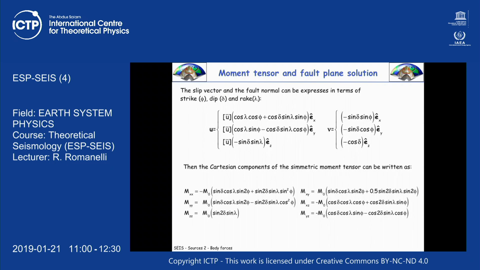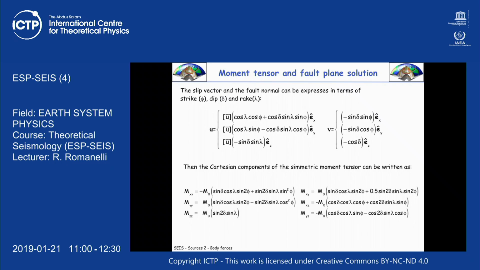Just algebra. M0 contains the amplitude of motion, the surface, and the rigidity modulus. So you can use the one that you prefer. They're all equivalent, for a point source.